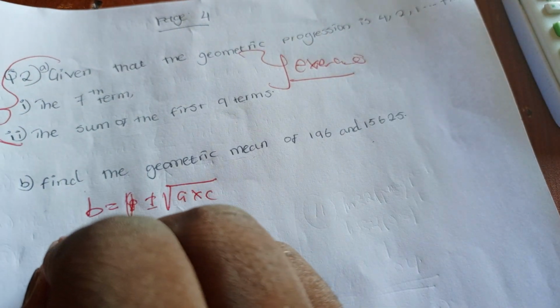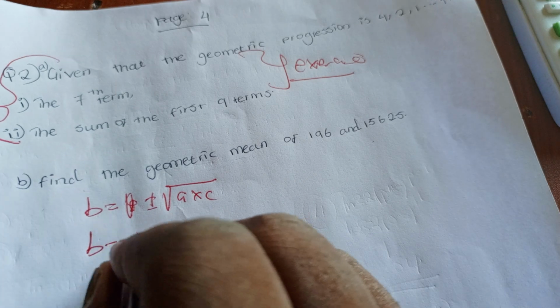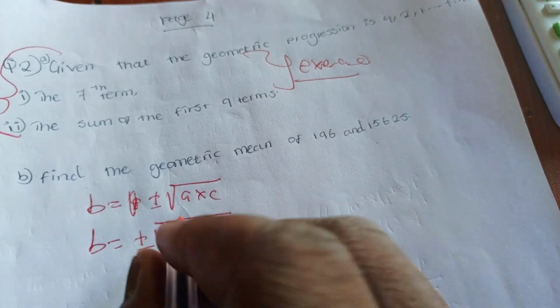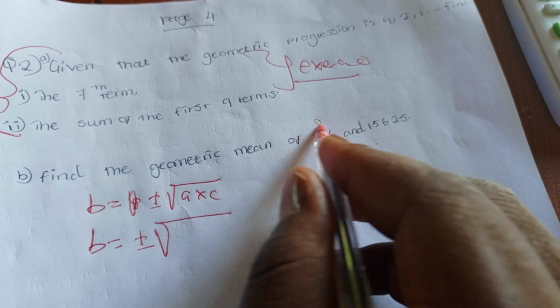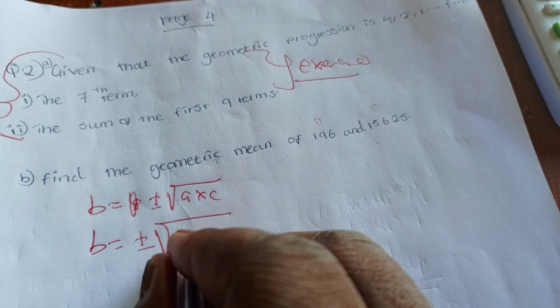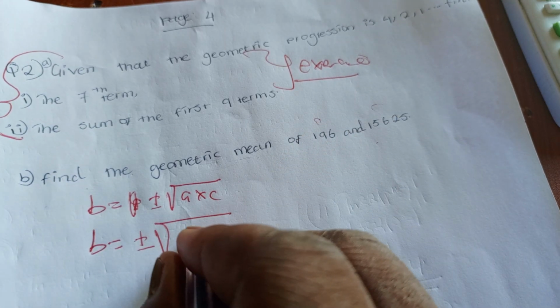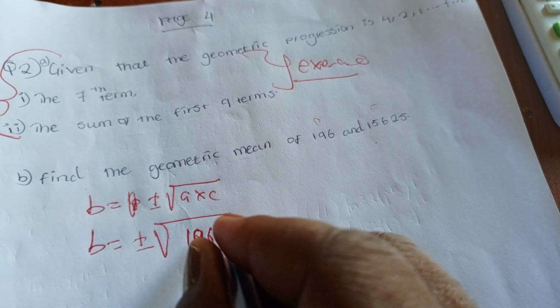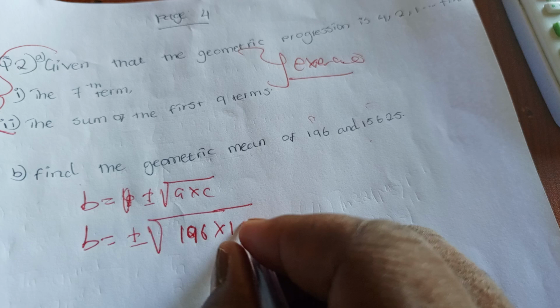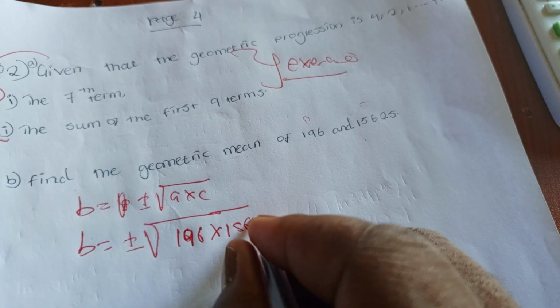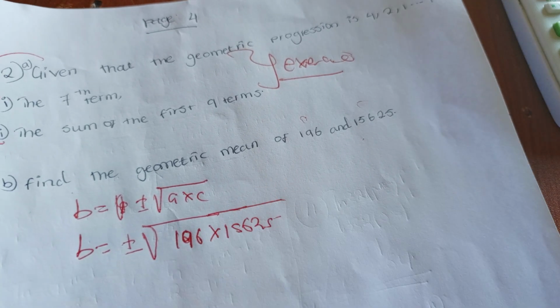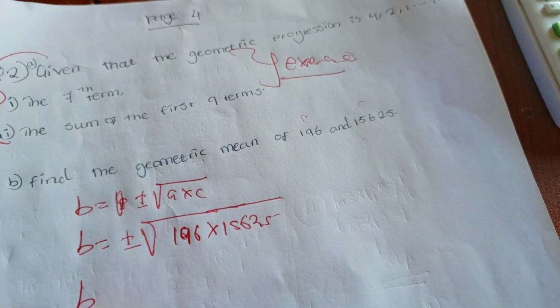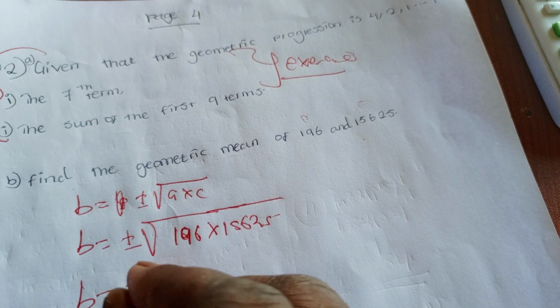So my B, geometric mean, is equal to positive or negative square root of, this will be our A, this will be our C. So A is 196, then times 15625, bracket like this.